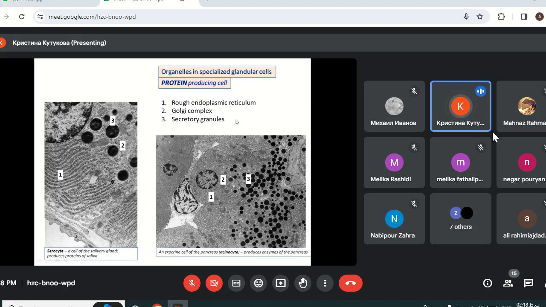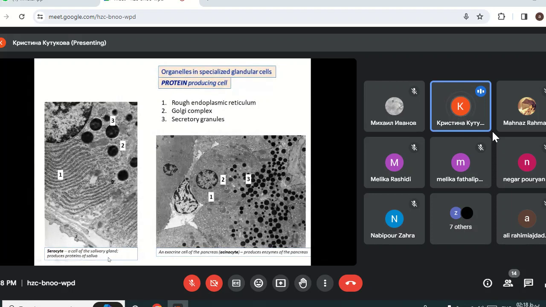And secretory granules or secretory vesicles are located at the top portion of the cell, because when it will be needed, they will be released from this top surface of the cell outside of the cell. So in the left picture you can see a portion of the serocyte, the part of its nucleus and part of its cytoplasm.